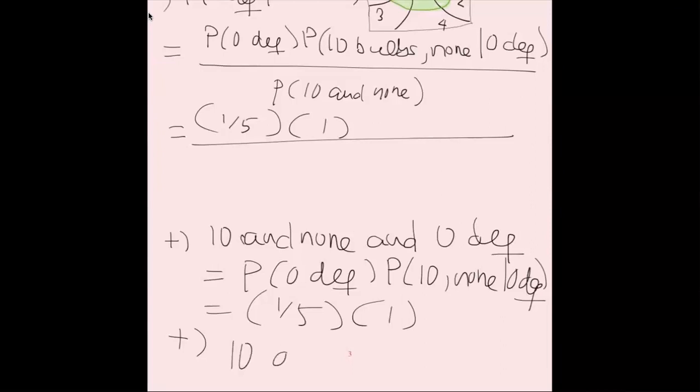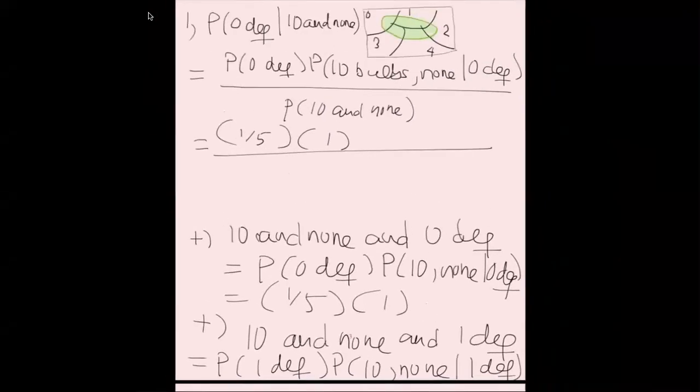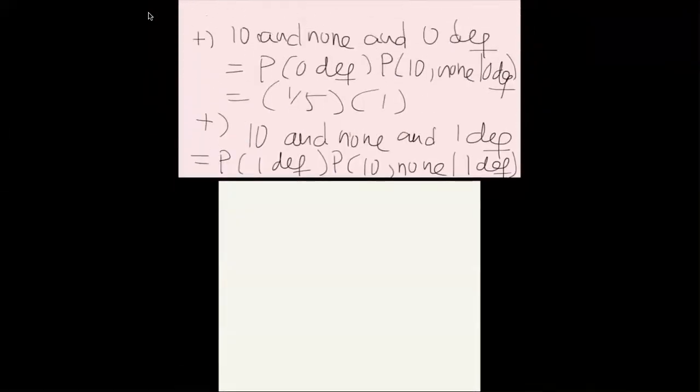We would do the same thing to calculate 10 and none of them is defective, and the box has 1 defective item. Then it is equal to the probability that the box has 1 defective item, and then the probability that you get 10 non-defective, given that the box has 1 defective item. The first probability is just 1/5, it is given. The second probability, if you think about it, your box has 120 in total.